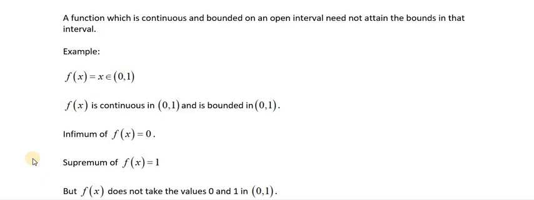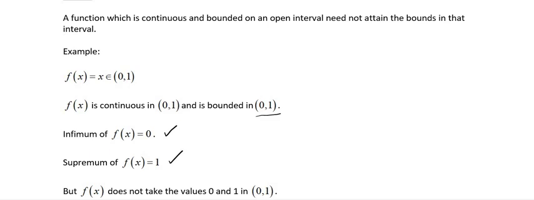This f of x is continuous because x is a polynomial. We know that every polynomial function is continuous. And also, this f of x equal to x is bounded in the open interval (0, 1). So, the infimum of f of x is 0 and the supremum of f of x is 1. But this 0 and 1 do not belong to the open interval (0, 1).